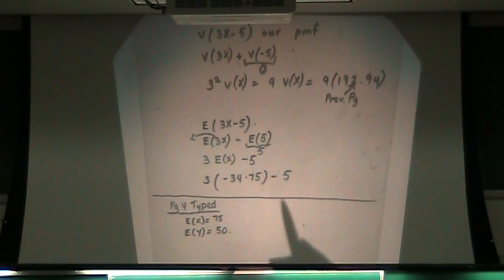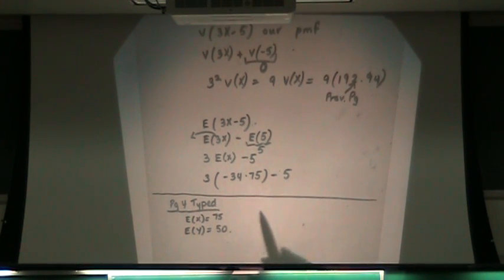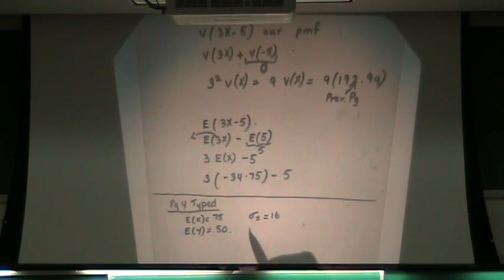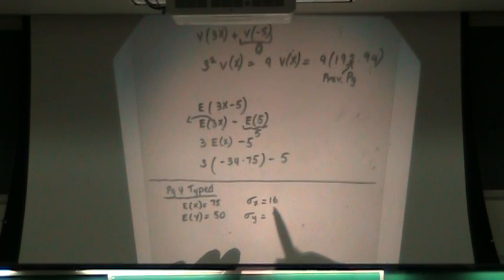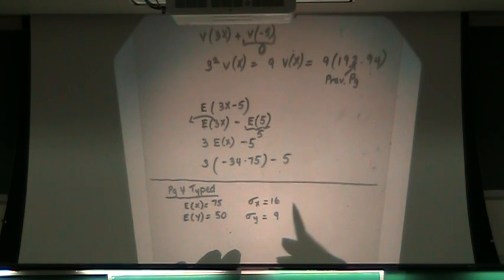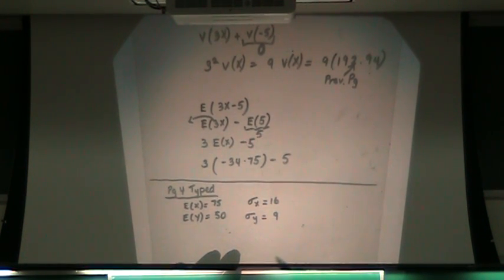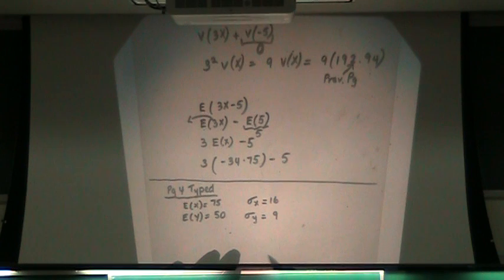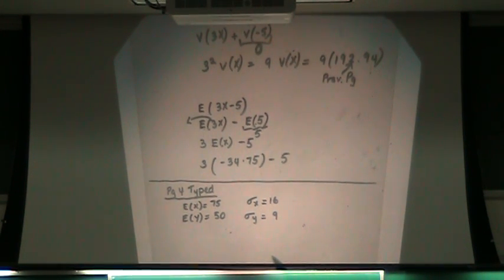Their standard deviations are 16 and 9. Sigma x equals 16 and sigma y equals 9. Look how tricky, right? They purposely gave you sigmas that were perfect squares so that you would tend to take the square root. But you don't have to, because these are standard deviations, not variances, right?